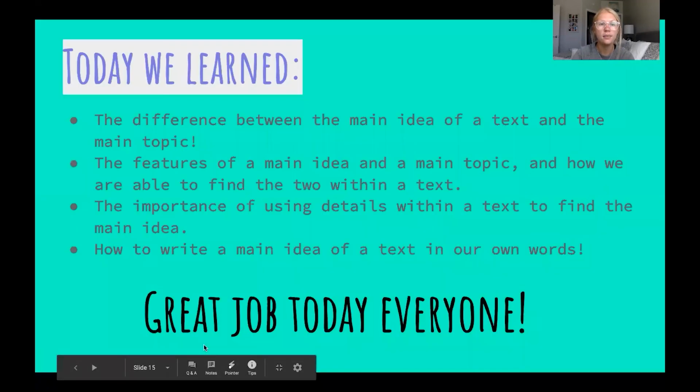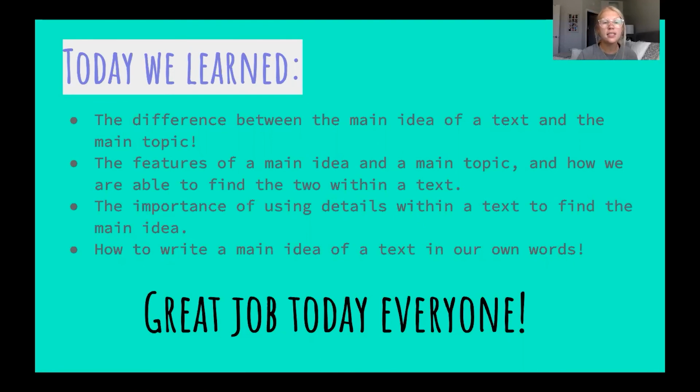Moving on, we are going to go over what we learned today through our lesson. Today we learned the difference between the main idea of a text and the main topic. We learned the features of a main idea and a main topic, and how we are able to find the two within a text.